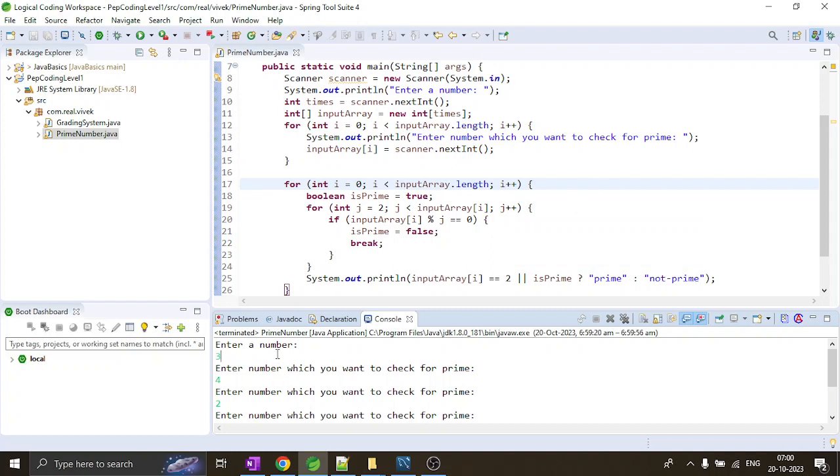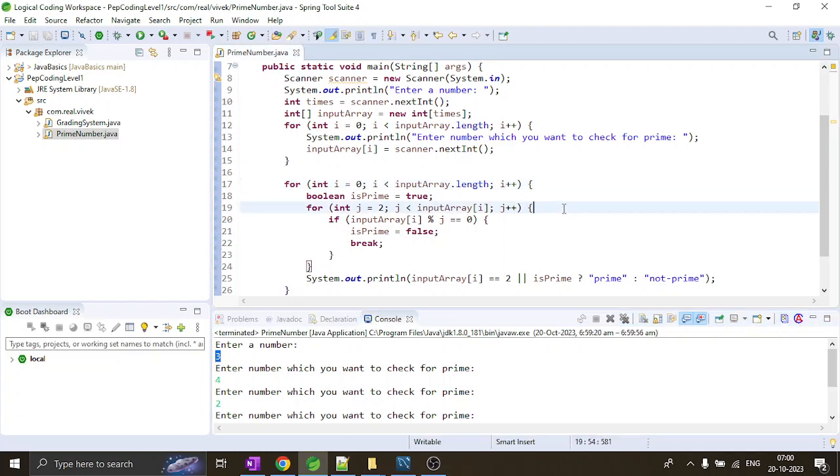So I input a number here as 100 and I take 100 inputs, which will take time, right? To iterate over all those 100 inputs. So we will have to iterate over that array first, and for each element in the array we have to iterate from 2 to that number itself.